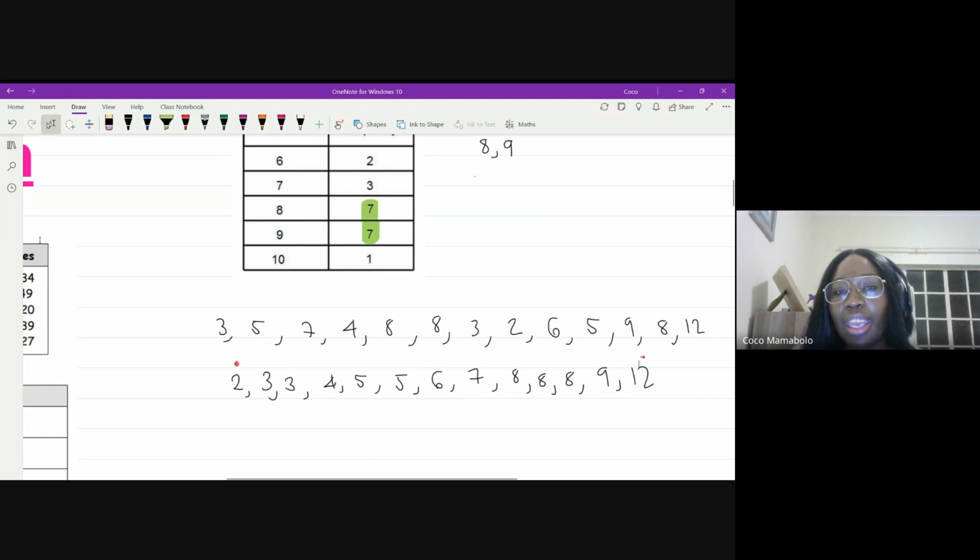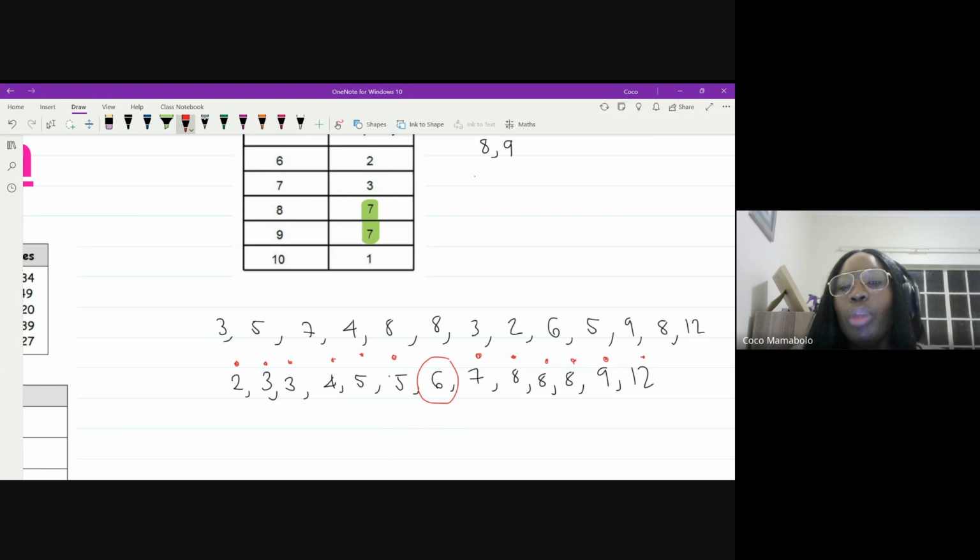We're just going to move in from each side, and then we find the number sitting right in the middle. Which number is sitting smack dab in the middle of my data? The number 6. Are we seeing that? The number 6 is sitting right in the middle. So the median is the number 6.